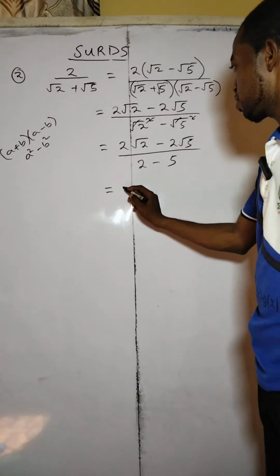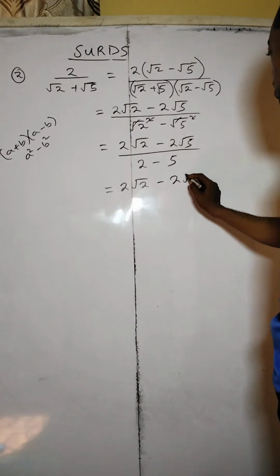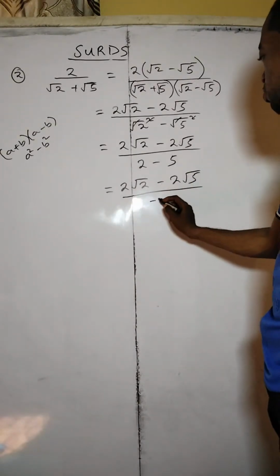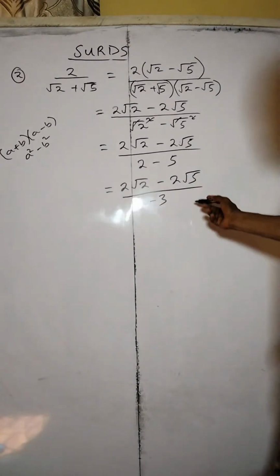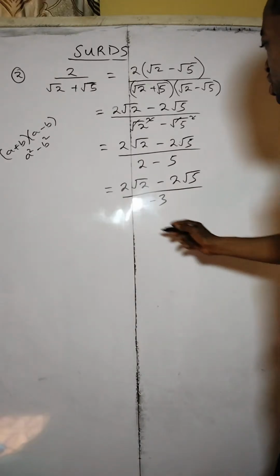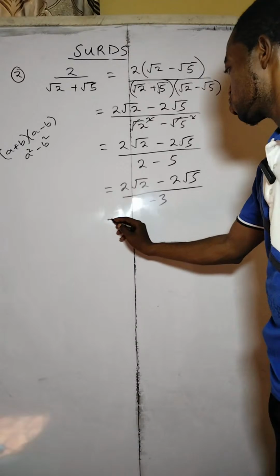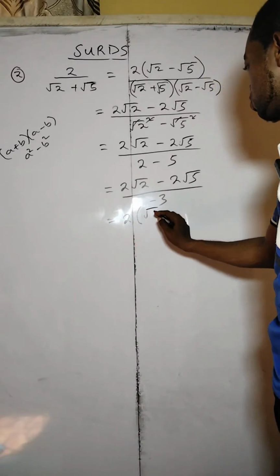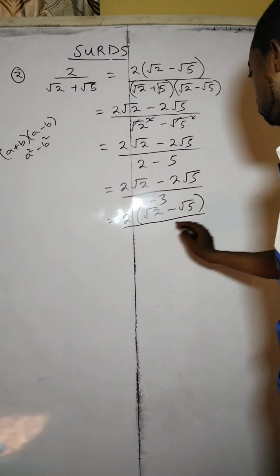And here this becomes 2 root 2 minus 2 root 5, then over here 2 minus 5, that's minus 3. And also we can separate this out, and up here we have 2 common. We can factor 2 out, and we say 2 into bracket root 2 minus root 5, then over minus 3.